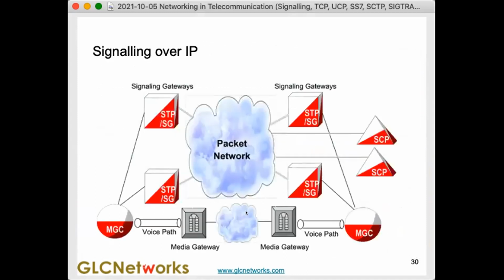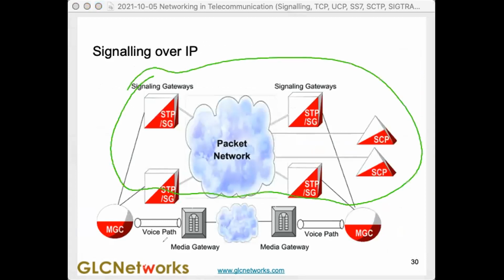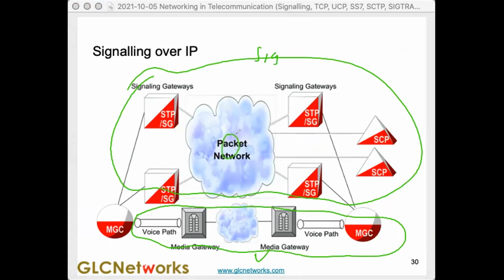This part is for signaling, and this part is for voice. The signaling here is based on an IP network. Well, actually, the voice is also based on IP. And then this is your phone, up to this; your customer goes to that. As simple as that.